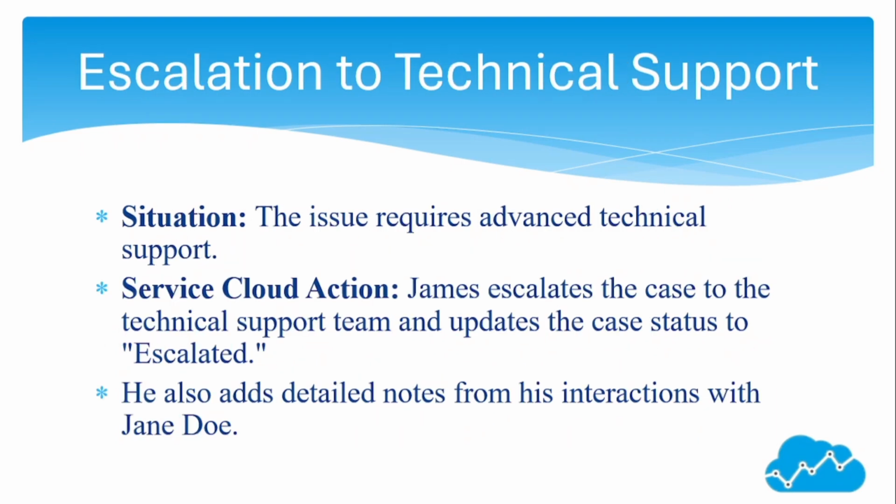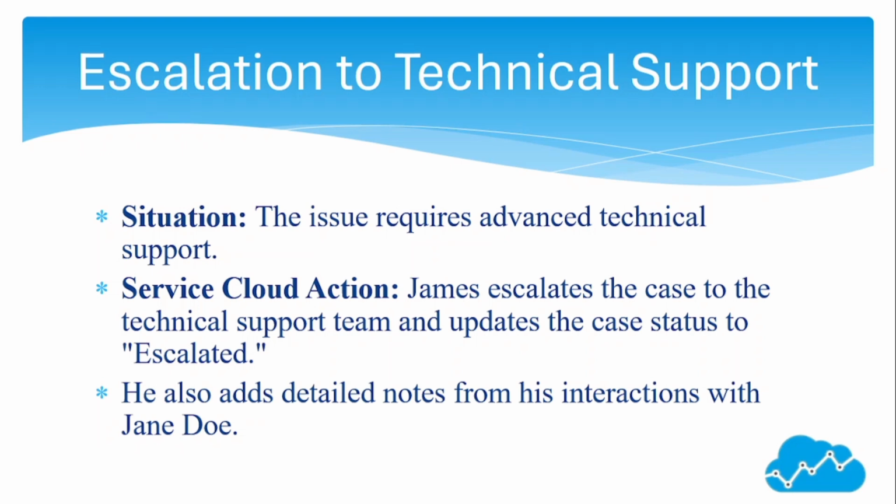Escalation to technical support. So the situation is like the issue requires additional technical support. So maybe this person is not going to solve that particular case, so he is asking for additional technical support. So the Service Cloud action is going to help out, like James escalates the case to the technical support team and updates the case status to escalated.